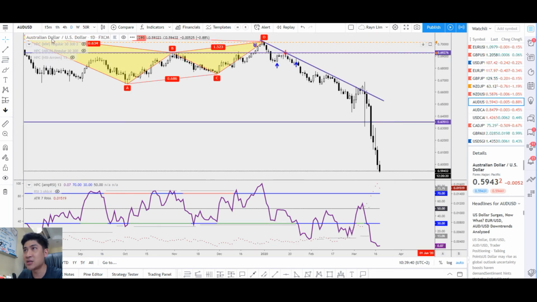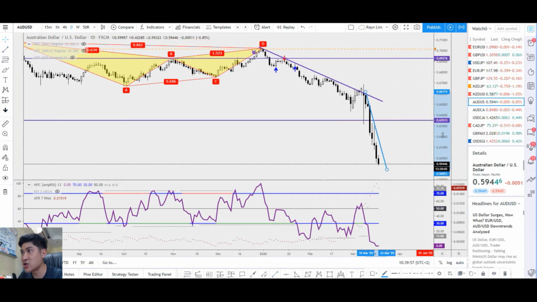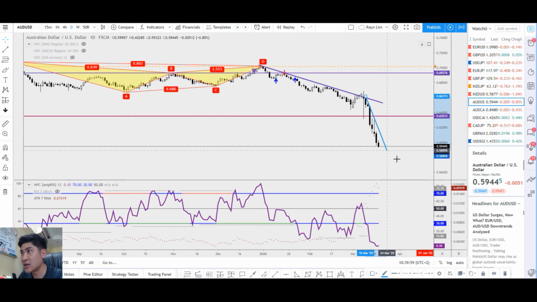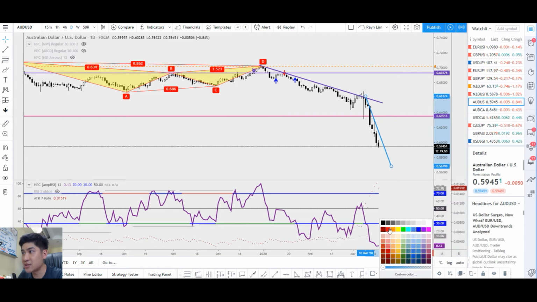Very bearish indeed. This was the gartley. I just observed how accelerated this can be. You can even draw a trend line over here this way, and set an alert when it breaks this trend line. Let me change it to red.